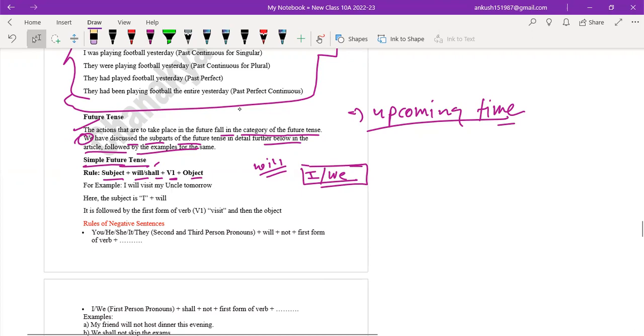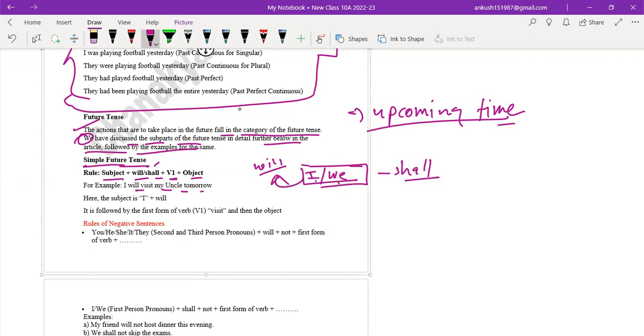What is this example? I will visit my uncle tomorrow. Now there is one another thing. If you are using shall with I and we, it does not mean that you will not use will. You can use it. Now there is another difference. Why do we use shall and why do we use will? Whenever the action is non-emphatic, it has no weightage of that level, so we may use shall.